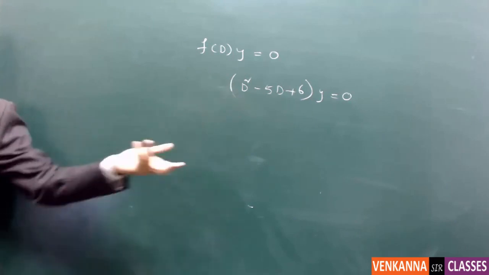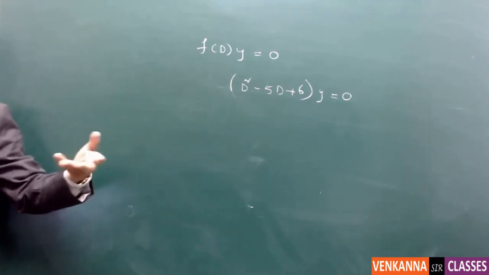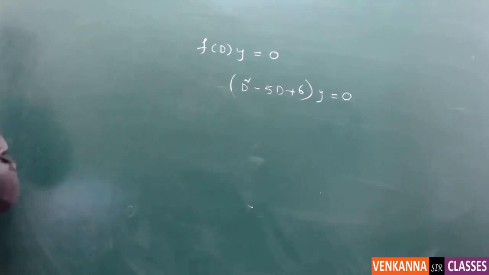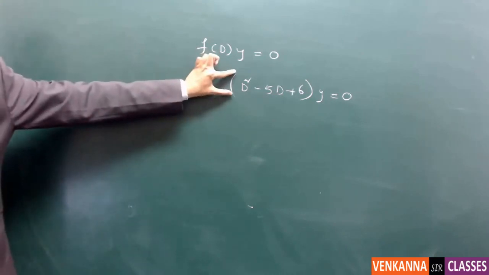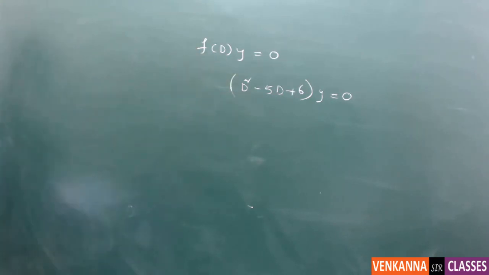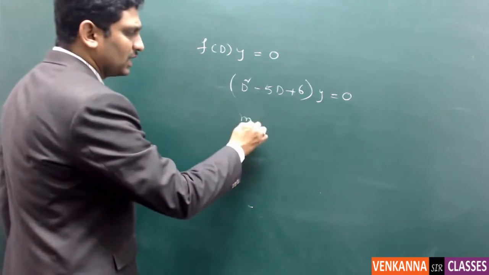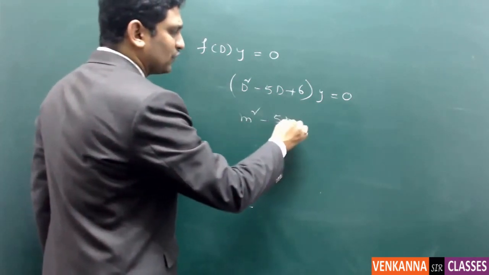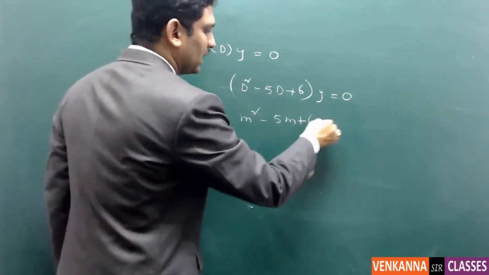You can take the variable as x or as m. So for the coefficient part, we can write the equation as m square minus 5m plus 6 equal to 0.